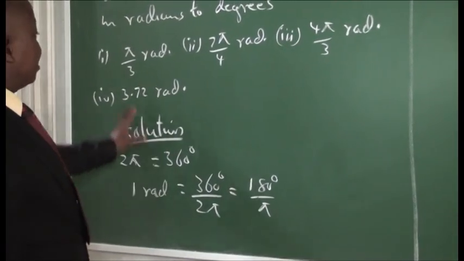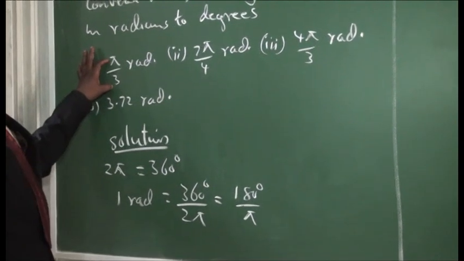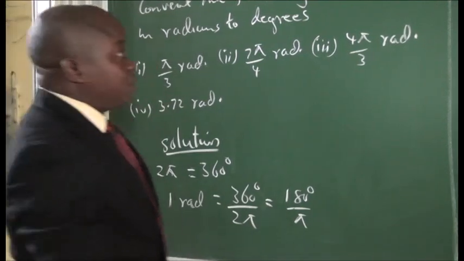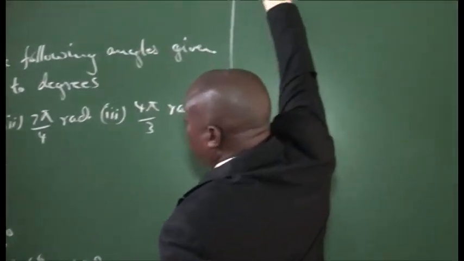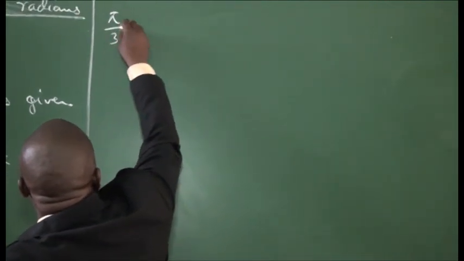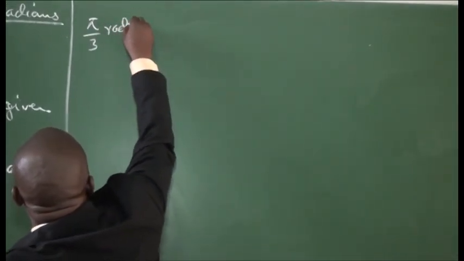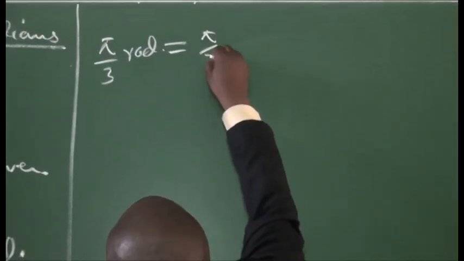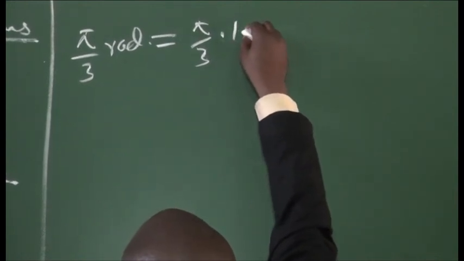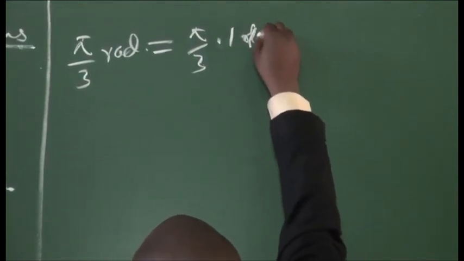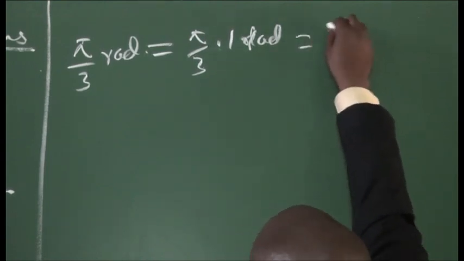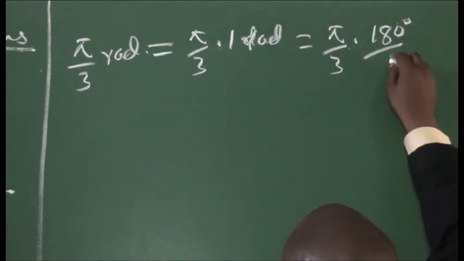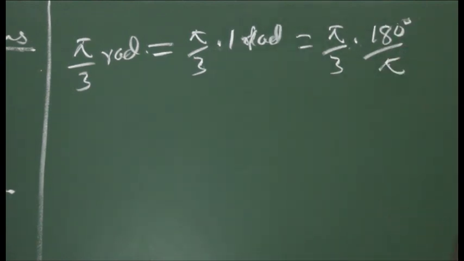So it follows that if I want to convert, for instance, pi over 3 radians, I know that pi over 3 radians equal pi over 3 times 1 radian. And this will be pi over 3 times 180 degrees over pi.